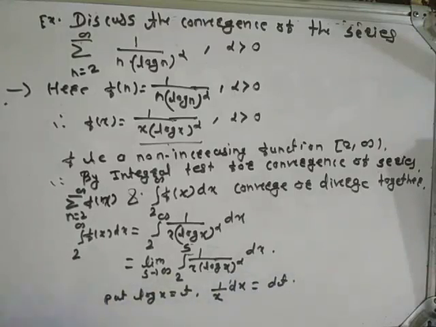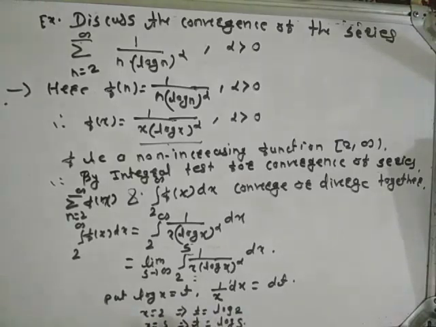Now if we put x equal to 2, that implies t equals log 2. If we put x equal to s, that implies t equals log s.